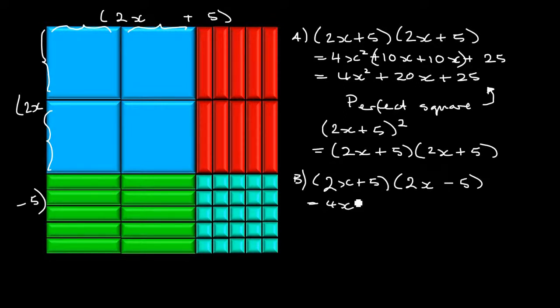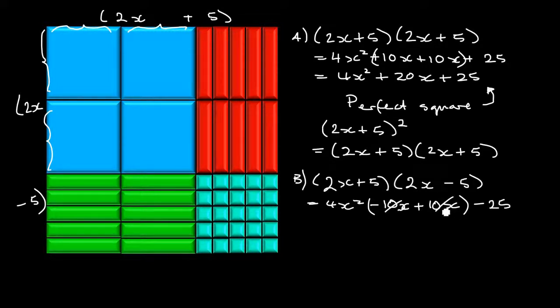gives us 4x squared, and this is where it gets interesting, minus 10x plus 10x. So let's bracket those off so you can see them clearly, and then here's our minus 25. So this is the negative 25 ones here. The reason why this is a special case is because, I think you can see clearly, these are going to cancel.